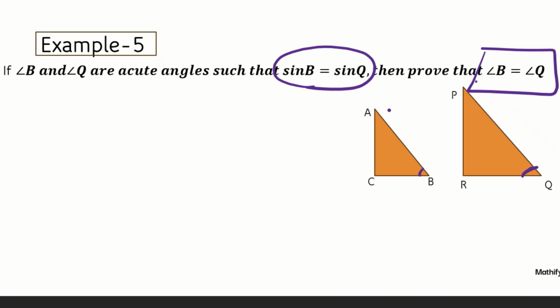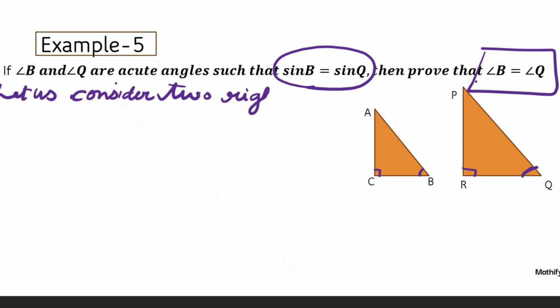If sin B is equals to sin Q and B and Q are acute angles, that means less than 90 degree. Here you can see these angles are 90 degree. We have formed triangles ACB and PRQ. Okay, it is given. Now, let us consider two right triangles.